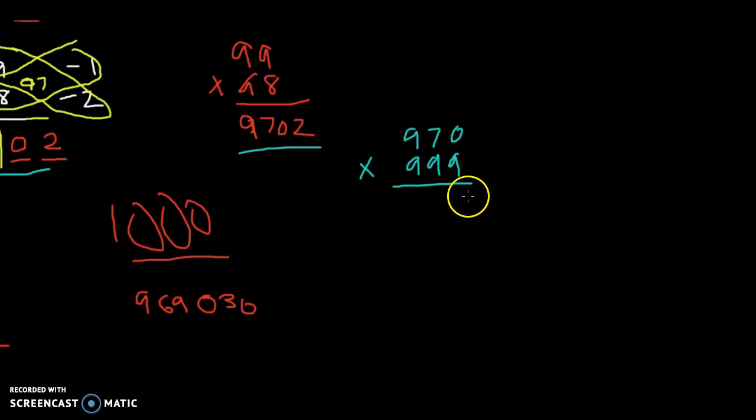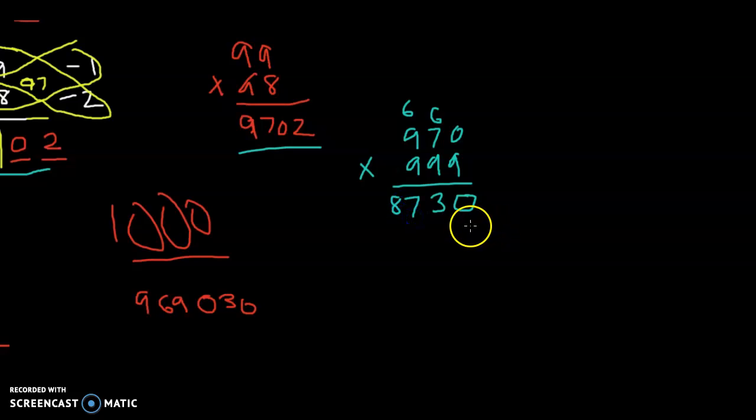9 times 0 is 0. 9 times 7 is 63. 9 times 9 is 81, plus 6 is 87.